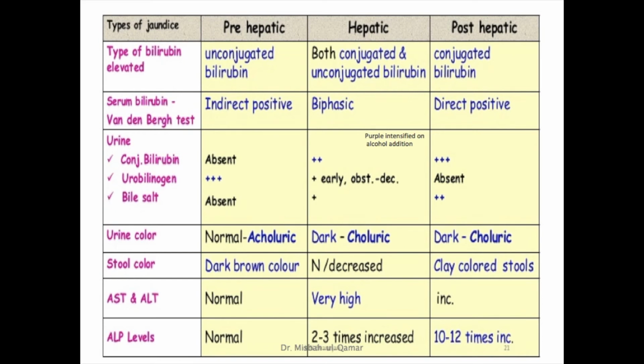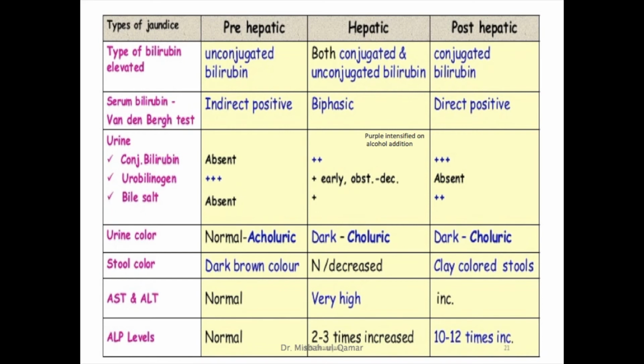Cholestatic jaundice is always accompanied with dark urine and pale stools, actually clay colored stools due to the deficiency of bile salts. Two other signs are steatorrhea and weight loss.